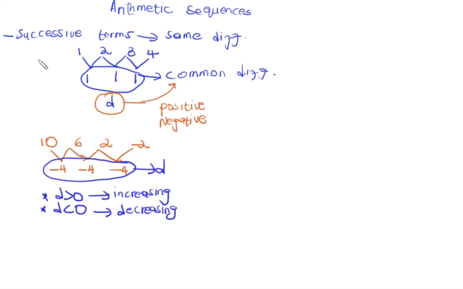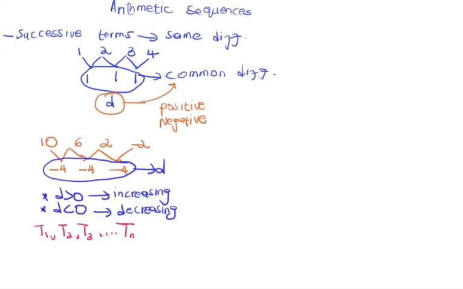For a general sequence, we have the following. It can be written as term number 1, term number 2, term number 3, and so on, and term number n, whereby n is simply any number in the sequence.